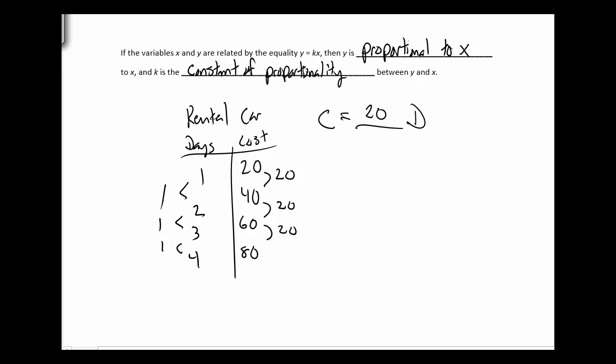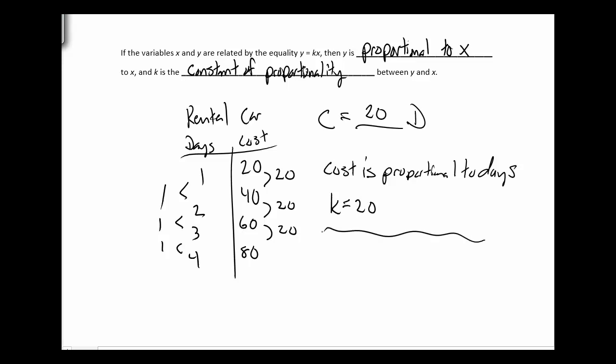So what do we have here? I have that cost is proportional to days, and in this example the constant of proportionality, our k, happens to be 20.